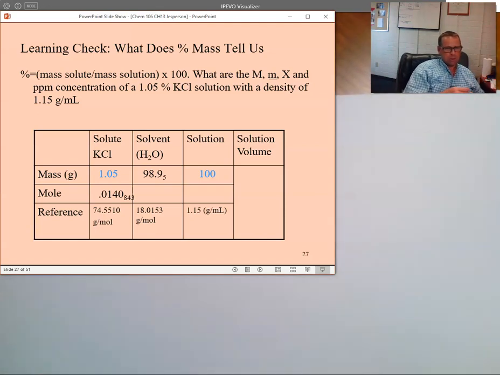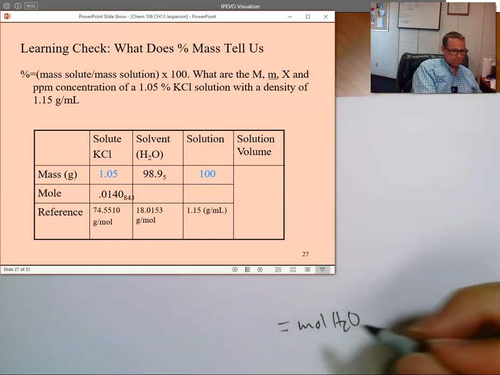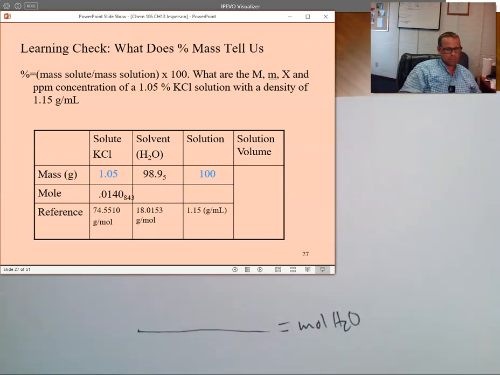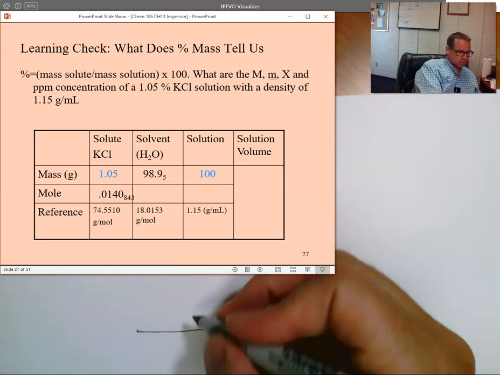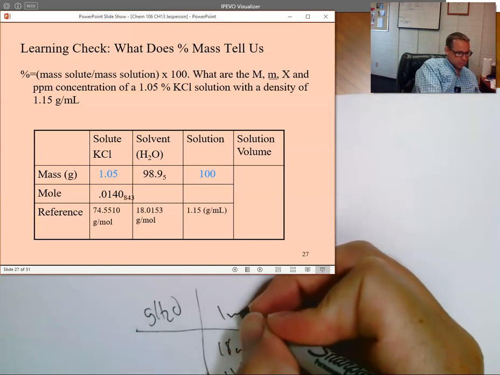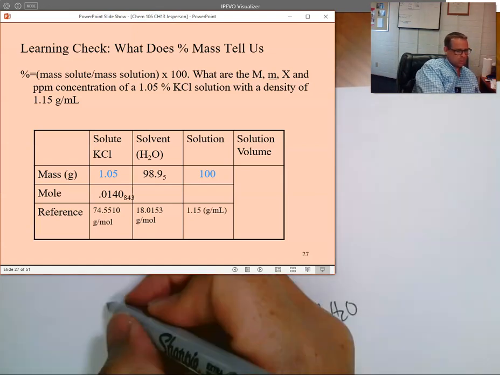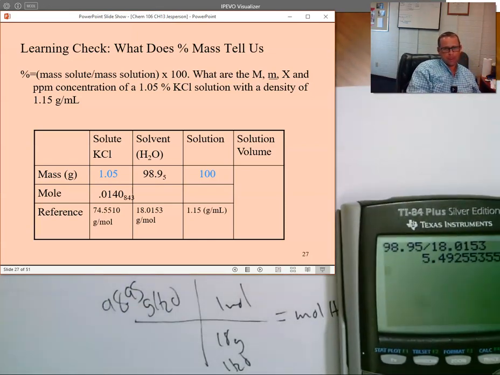We want moles of water. I was just overthinking it. So you can do 98.95 divided by 18.0153, which is 5.49. All right. Excellent.